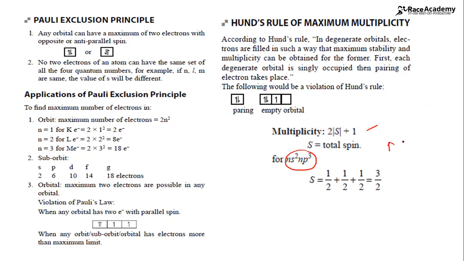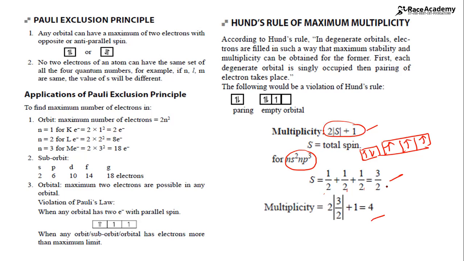Here 3 electrons are there in the p orbital, so total spin is 1/2 plus 1/2 plus 1/2, which is 3/2. In the ns level the total spin value is 0 because one is plus 1/2 and another is minus 1/2. Now what is the multiplicity? Substituting 3/2 in the formula, 2 into 3/2 plus 1, we get 4. That is the spin multiplicity.